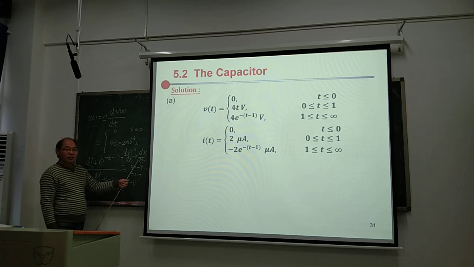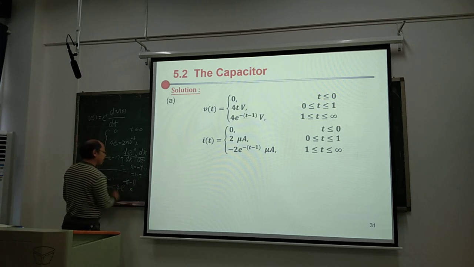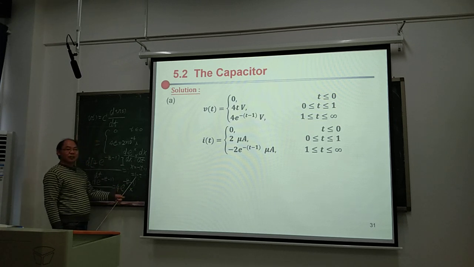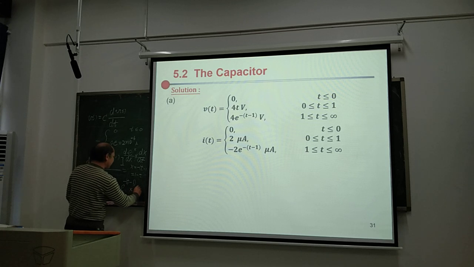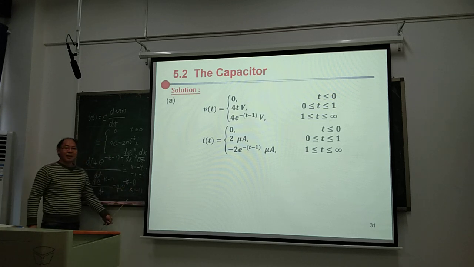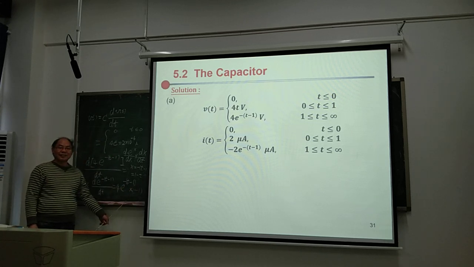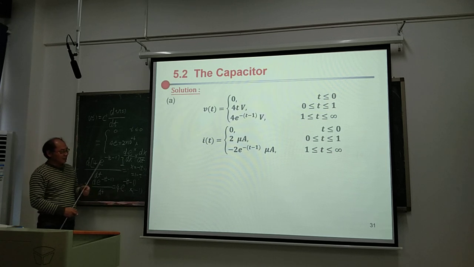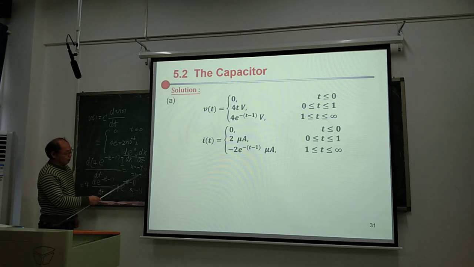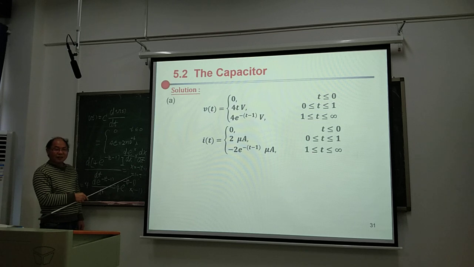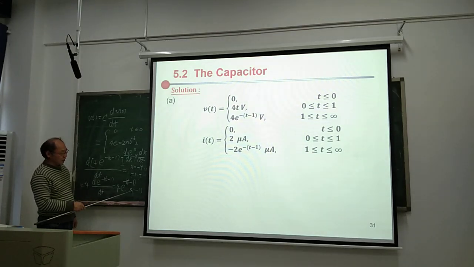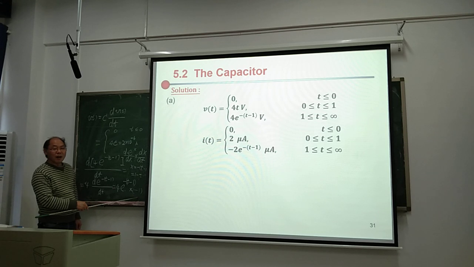So x is this. The differential is, x squared. The differential is negative 1.